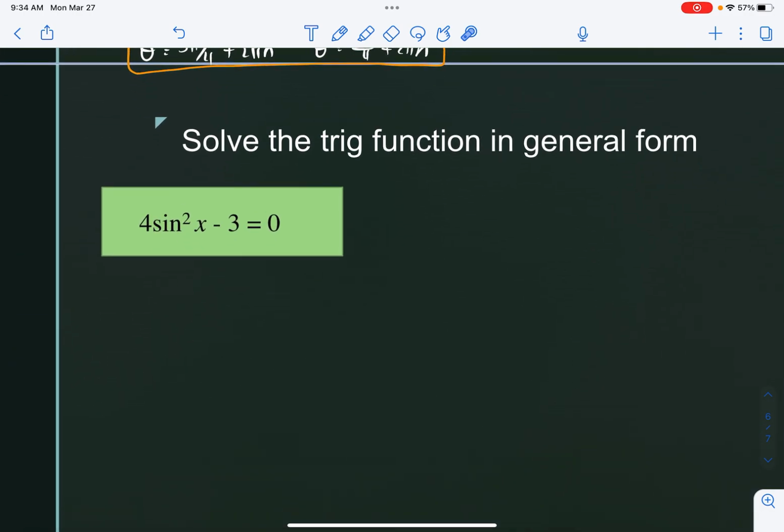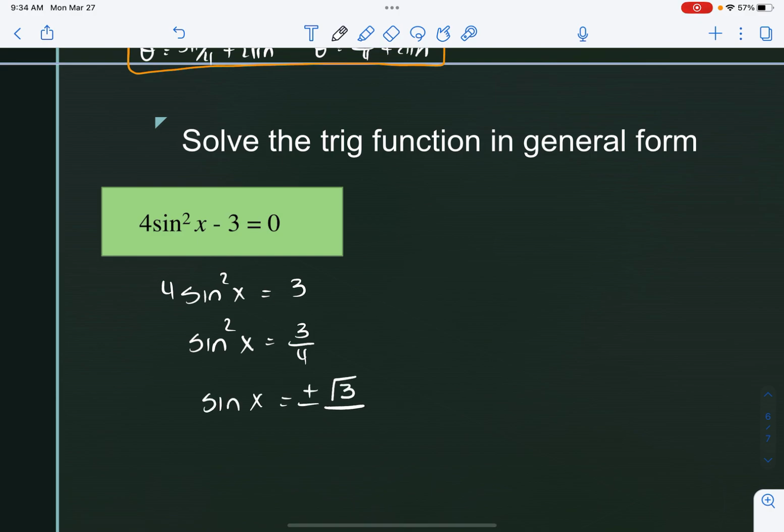Okay, another square. So we're going to first isolate the trig function. So 4 sine squared x is equal to 3. We're going to go ahead and divide, and then we're going to take the square root. So plus or minus square root of 3, and the square root of 4 is 2.